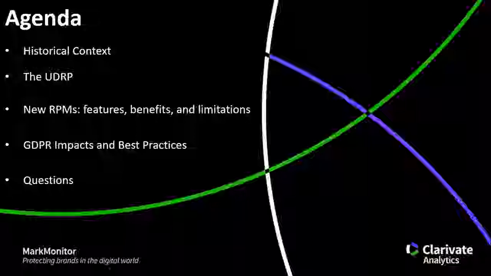So what rights protection mechanisms are available to brand owners in the new gTLD context. And then finally, we'll wrap up with GDPR impacts since May 25th, and best practices for brand protection in the domain name space in light of the new gTLD changes due to GDPR. So we'll conclude with questions too.